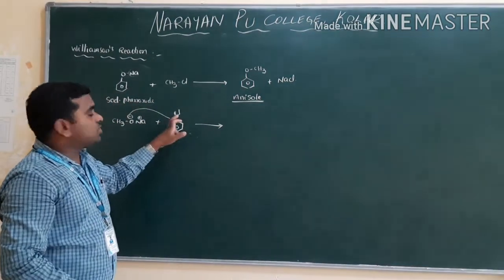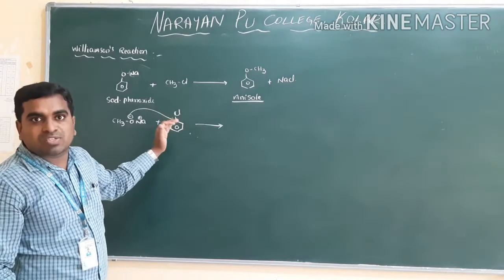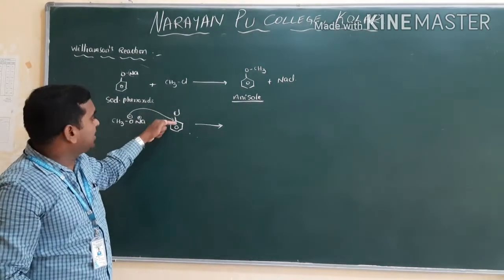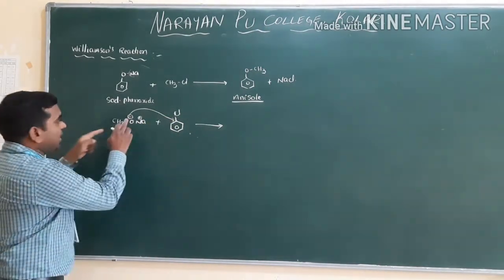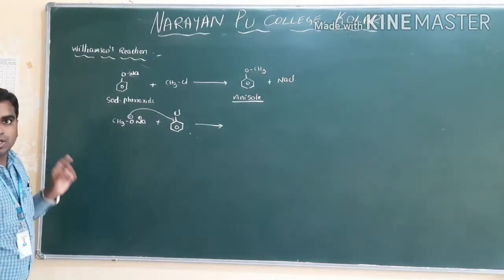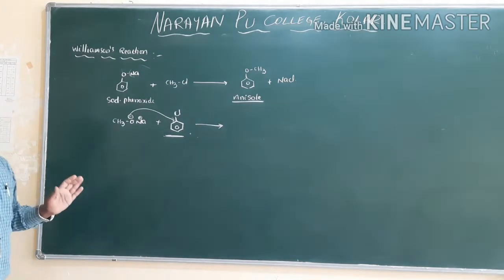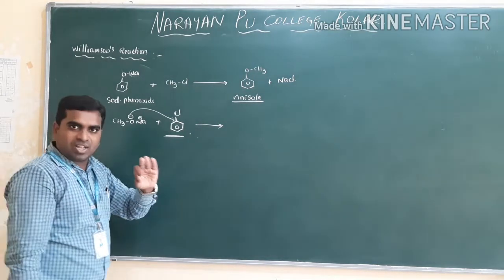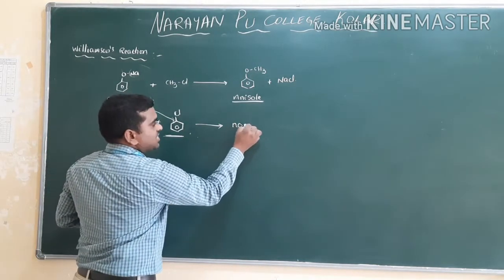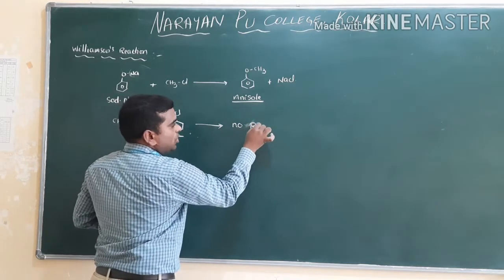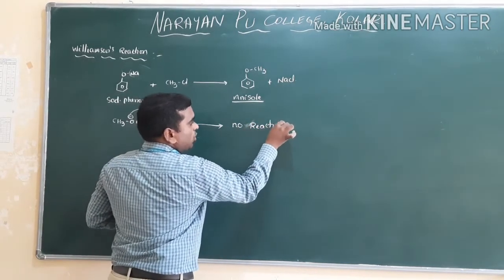So we cannot easily break the carbon and Cl bond, and the nucleophile cannot easily attack. That's why halobenzenes never take part in Williamson's reaction, so you get no reaction.